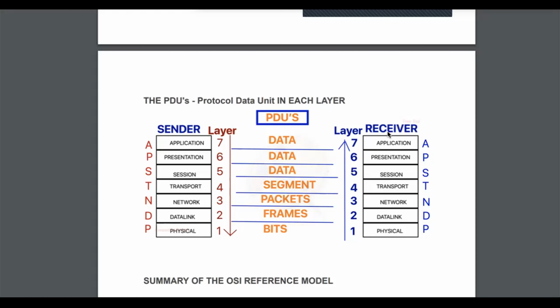But whenever information is in the fourth layer, we call it what? Segments. When it is in the third layer, the network layer, we call it packets. When it is in the second layer, we call it frames. And when it is in the first layer, we call it bits. So these are the PDUs of the OSI model.